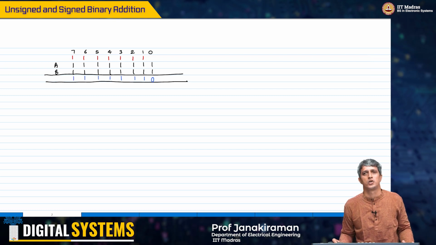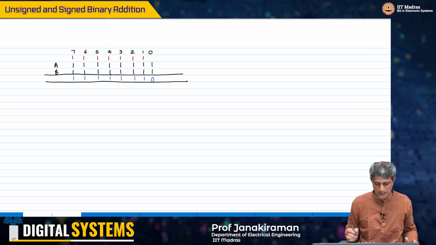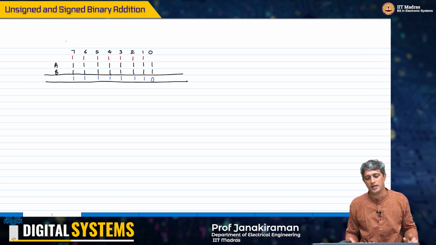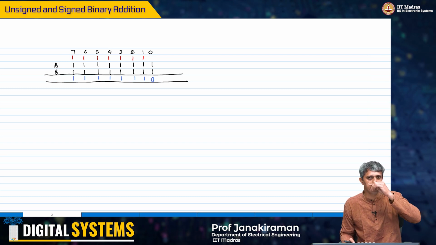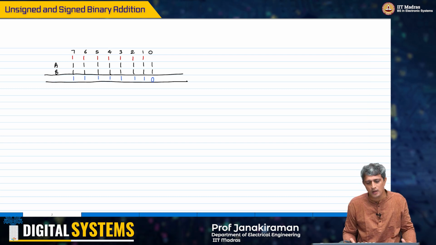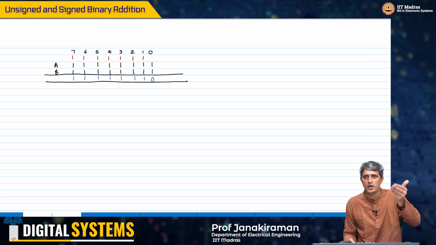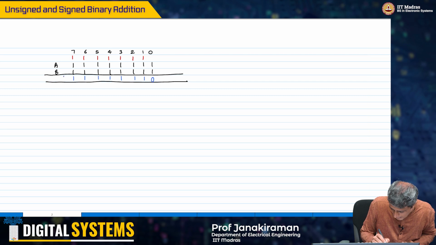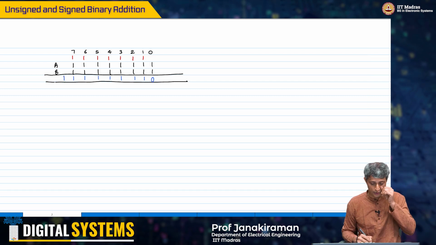So essentially we have this as the answer, just that in bit position number 7, instead of the earlier case where we just did 1 plus 0, we now need to do 1 plus 1 plus 1. So the answer will be 1, 1, and therefore you will have this as the answer.